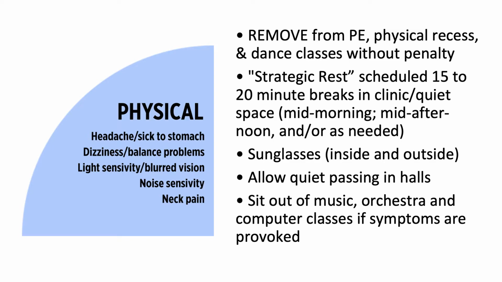Some common classroom adjustments that address physical symptoms are to allow strategic rest breaks, where the student may be allowed to rest for 15 to 20 minutes in the school nurse's office or in a quiet room. This will help the student to recharge and possibly control their symptoms.